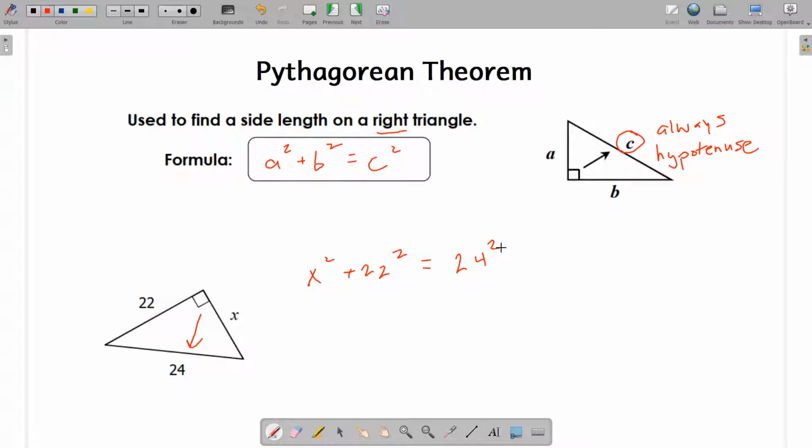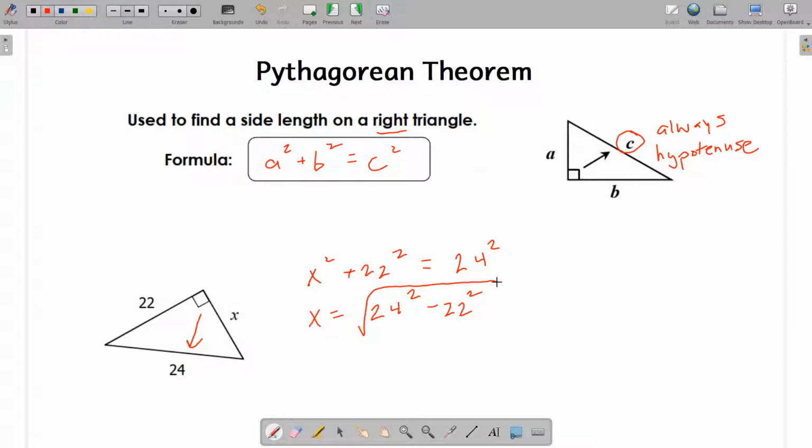So I'm going to make some calculations. To get x by itself, I would have to subtract 22 squared from both sides. And then I would take the square root of that.